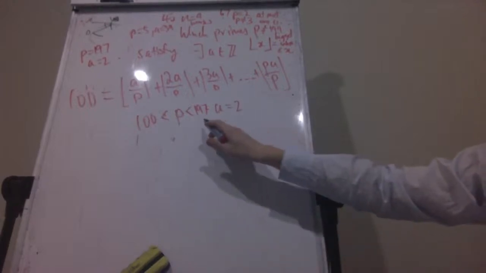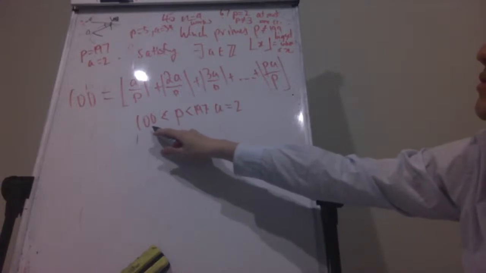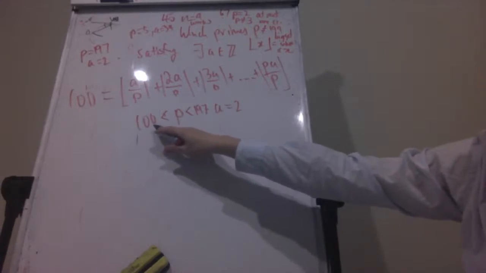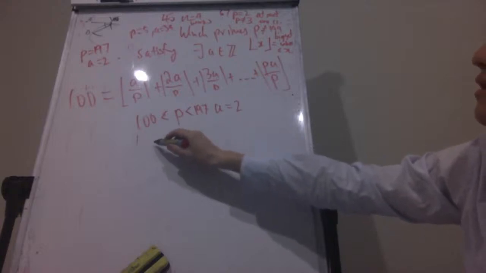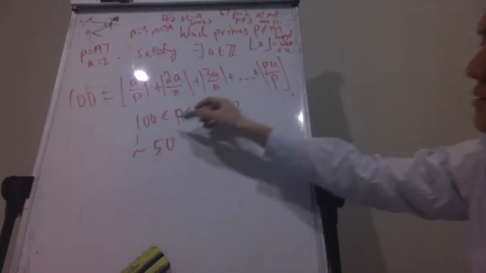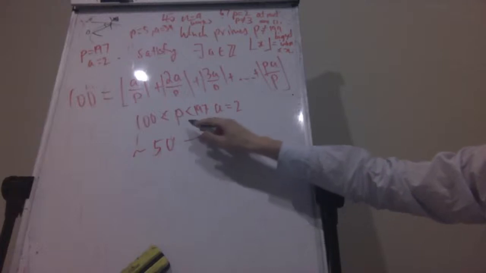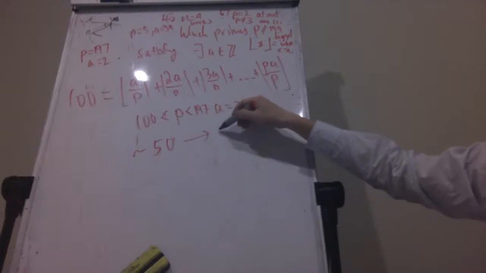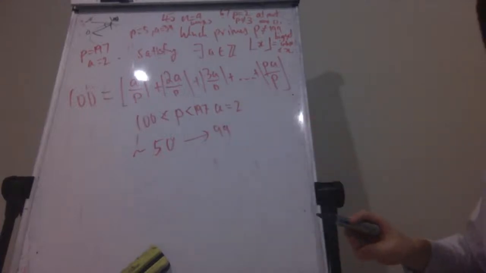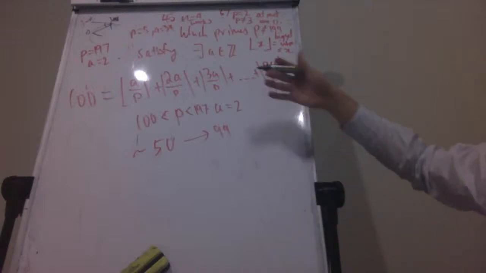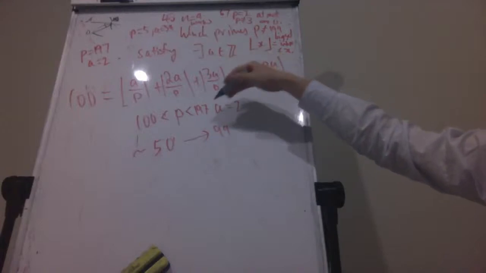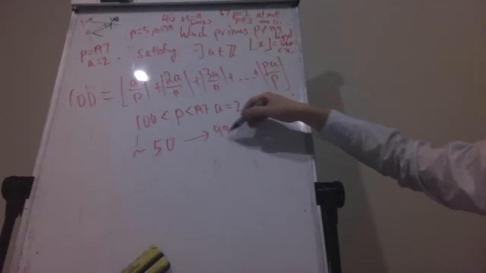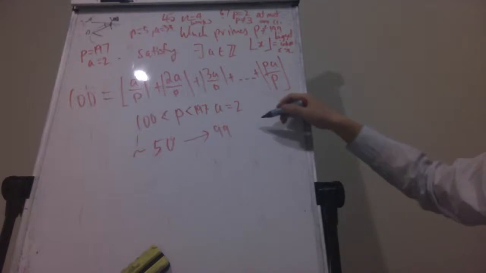Then the sum is going to be somewhere between 50-something and something less than 100, right? Well, P is 196 maybe, but it has to be odd enough, so the next one down is like 193. So it's going to be less than 100. So A equals 2 is not going to work, yeah?